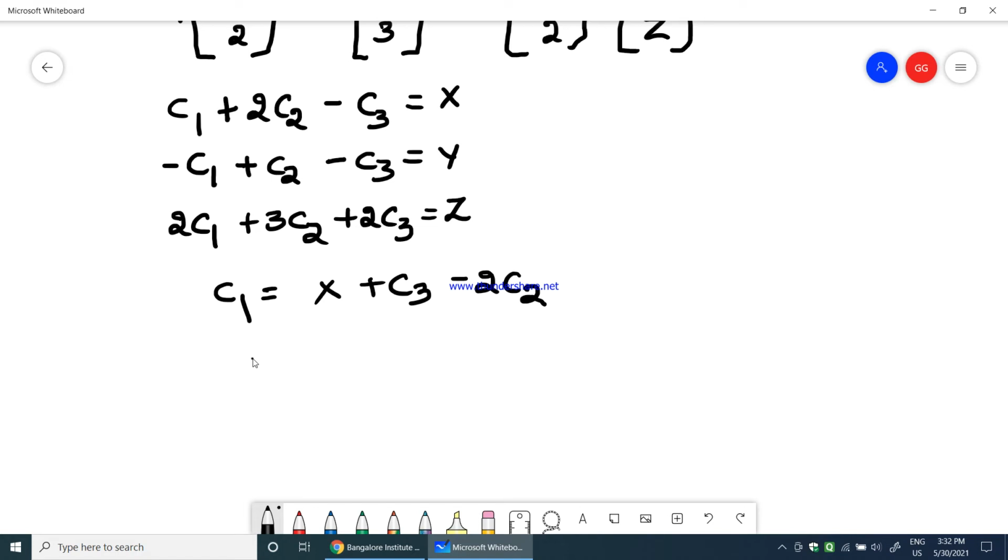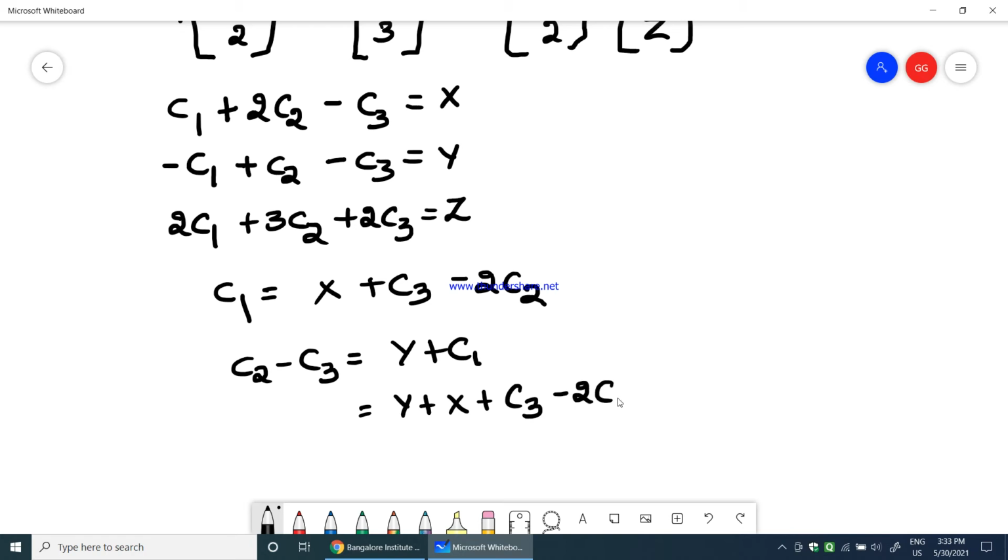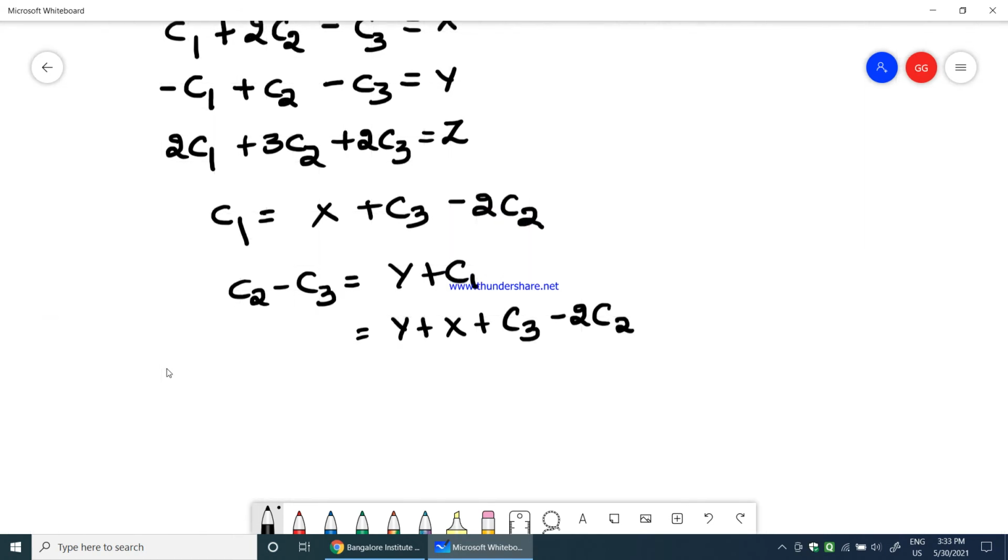So C2 minus C3 would be equal to Y plus C1, which is equal to Y plus X plus C3 minus 2 times C2, because C1 is X plus C3 minus 2C2.